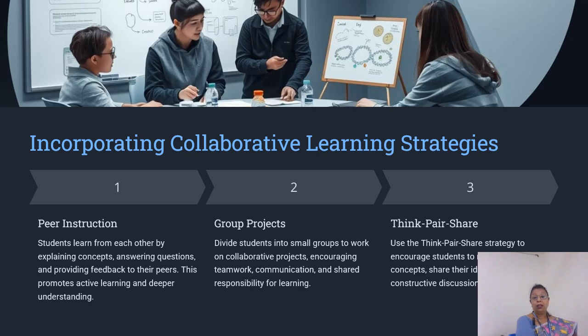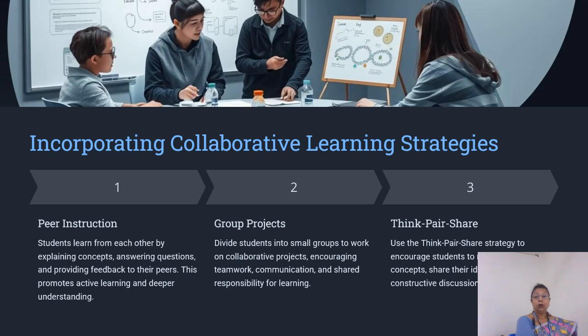In this way, they promote active learning and deeper understanding. Some students hesitate to give answers in the class. Through peer instruction or peer learning, this hesitation can be removed and they can explain and answer to each other without hesitation.